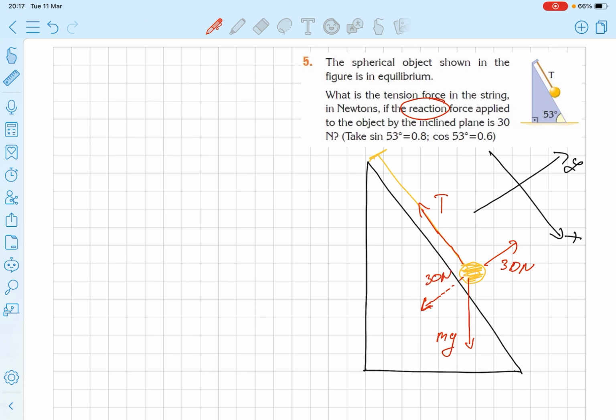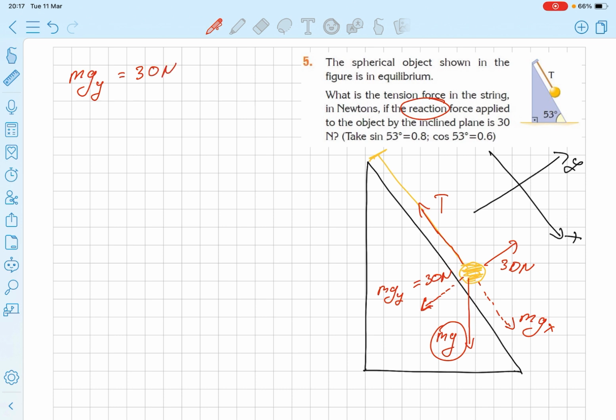And this force is called mg by y. It's the vertical component of the weight, okay? Because here this mg can be separated into two components. This will be mg by x, and this 30 newtons will be equal to mg by y. So here we just defined that mg by y is 30 newtons.